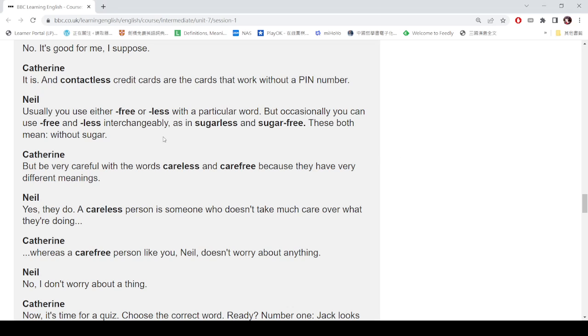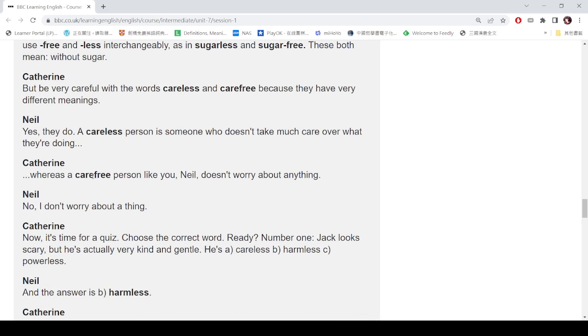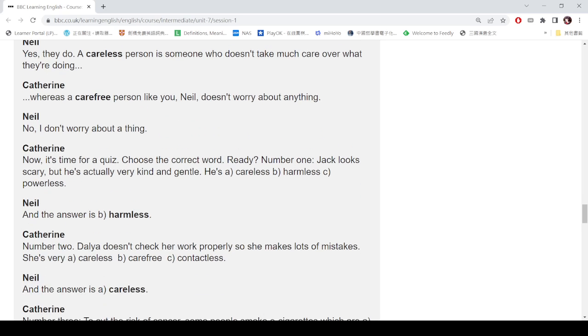These both mean without sugar. But be very careful with the words careless and carefree because they have very different meanings. Yes, they do. A careless person is someone who does not take much care over what they are doing. Whereas a carefree person, like you, Neil, doesn't worry about anything. No, I don't worry about a thing.